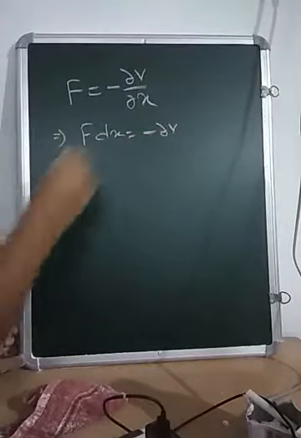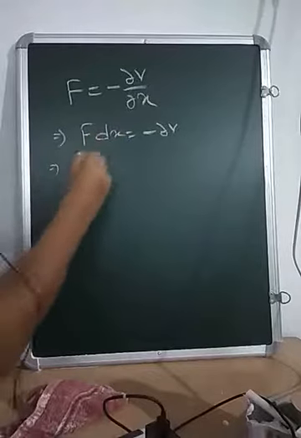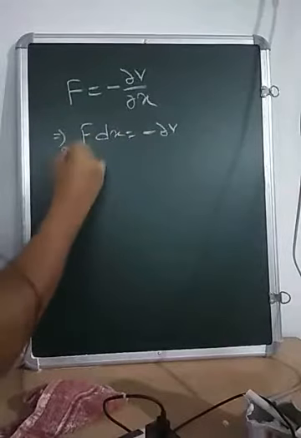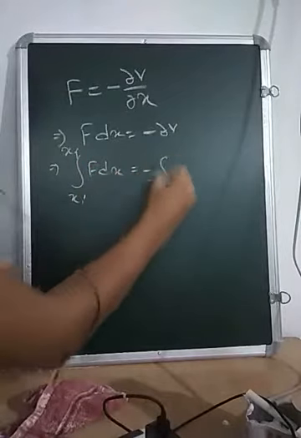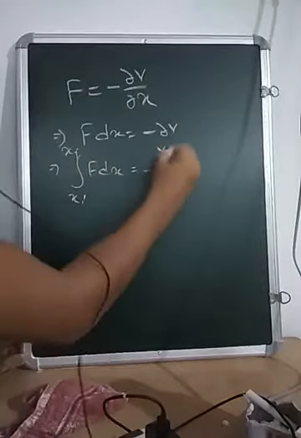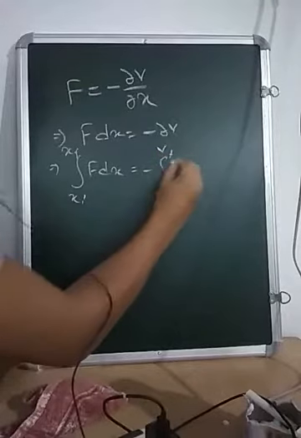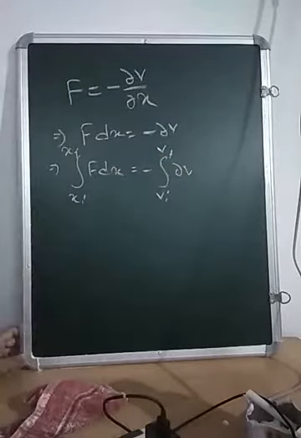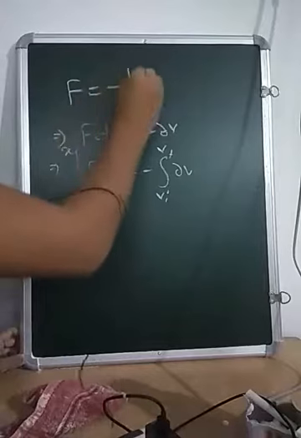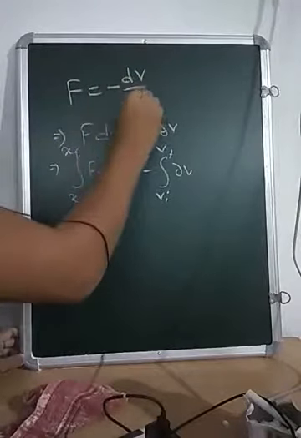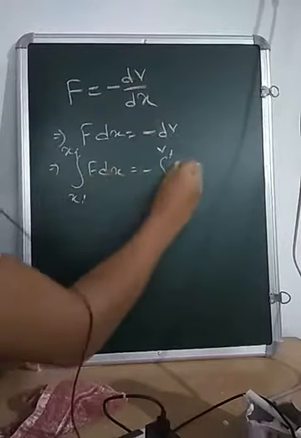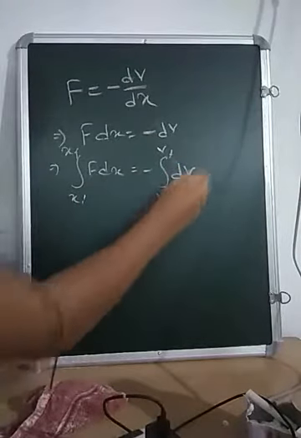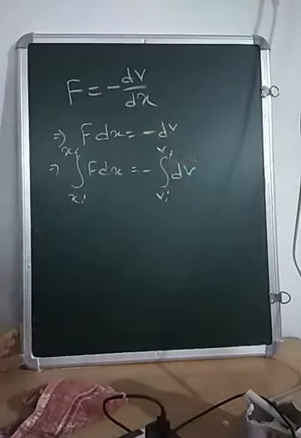Or if you integrate this from initial to final position, the integral of f dx is equal to minus the integral from Vi to Vf of dv. You can write this as dv by dx actually. Also del v by del x, but it will get confused if I use del v, so it is better if I use dv.